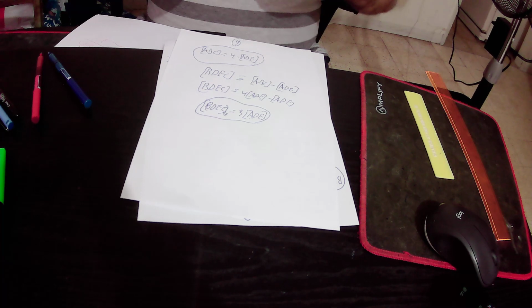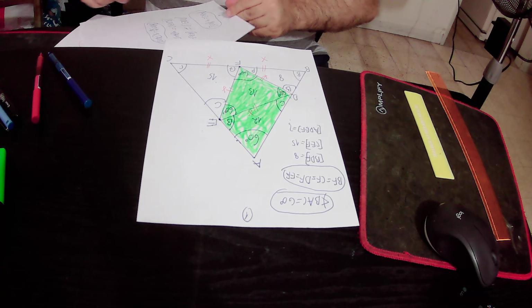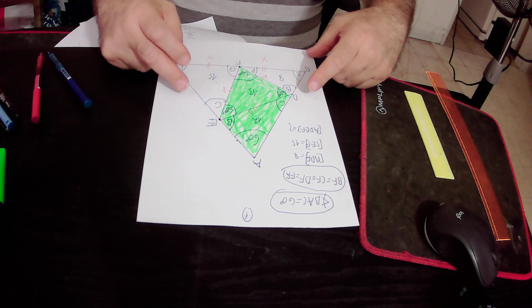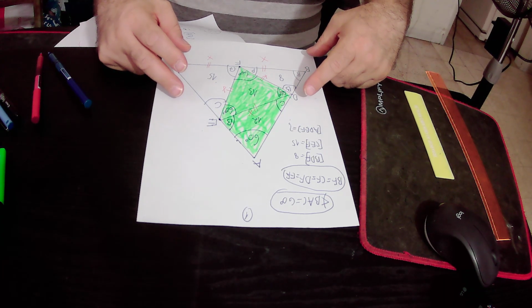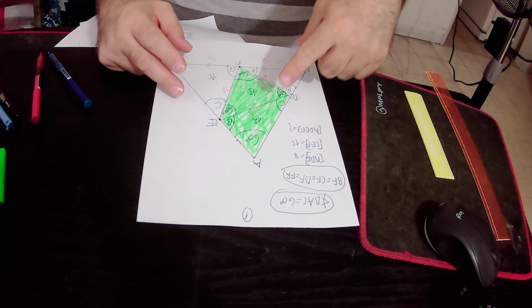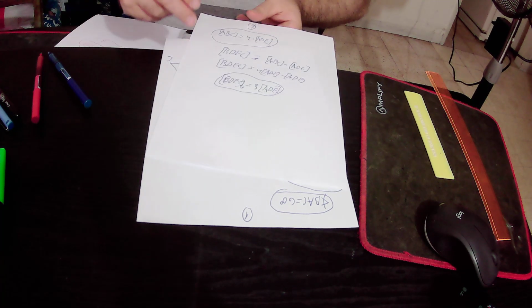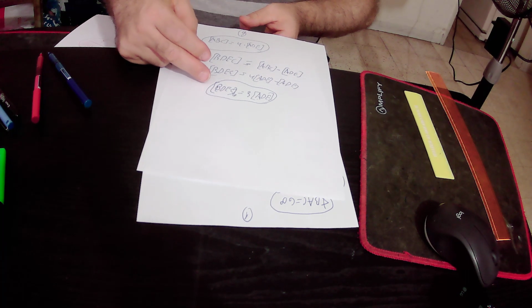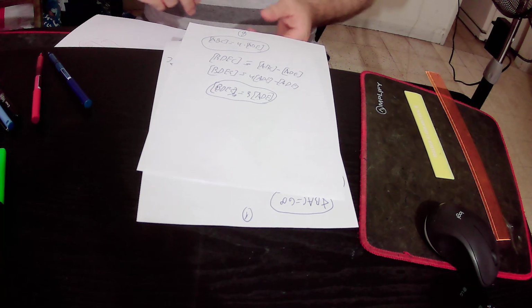So, and then we found out the area of quadrilateral BDEC. The area of quadrilateral BDEC equals the area of triangle ABC minus the area of triangle ADE. So the area of quadrilateral BDEC equals 3 times the area of triangle ADE.